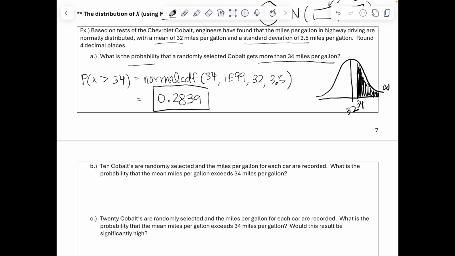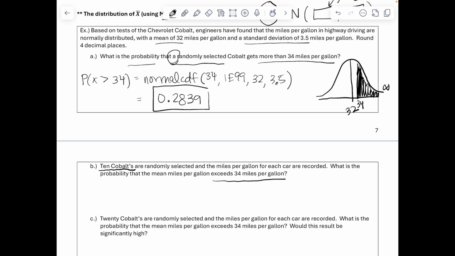Part B says 10 Cobalts are randomly selected and the miles per gallon for each car is recorded. What is the probability that the mean miles per gallon exceeds 34 miles per gallon? The difference between this one and Part A is that in Part A it just says a randomly selected, and that word a means just one, whereas Part B has 10 Cobalts.